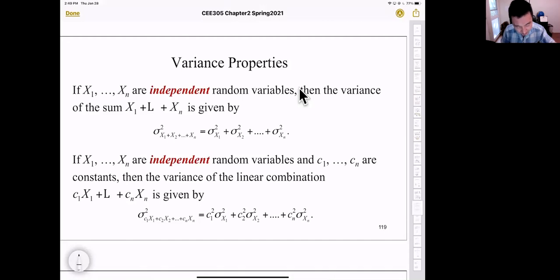For variance, if X1 to Xn are independent variables, then the variance of the sum X1 plus X2 plus dot dot dot plus Xn is given by the variance of X1 plus the variance of X2 plus the variance of Xn.